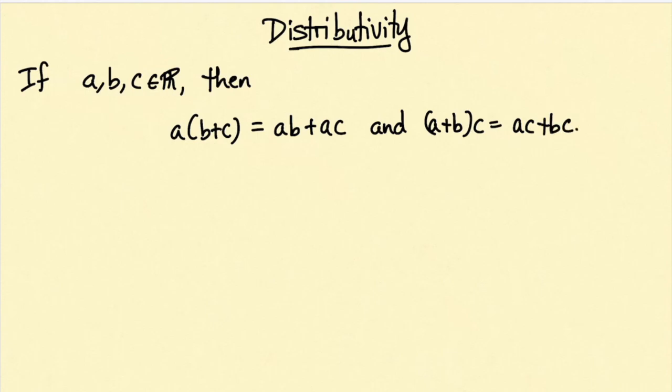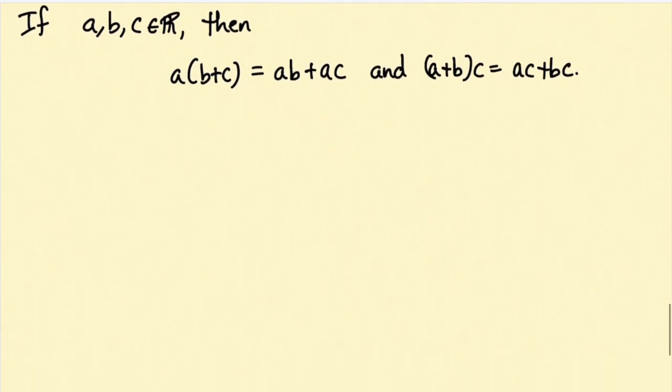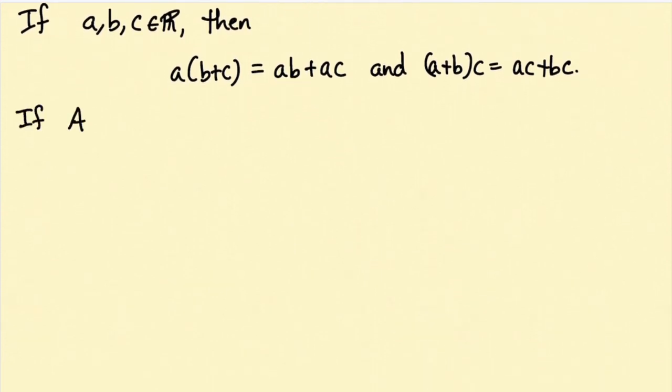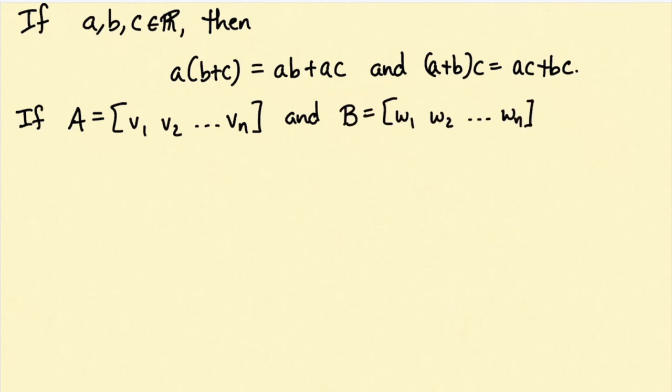So just like for associativity, distributivity for matrices is very easy once we know distributivity for two matrices and one vector. So we're going to take two matrices, A, whose columns are V1, V2 down to Vn, and B, whose columns are W1, W2 down to Wn.